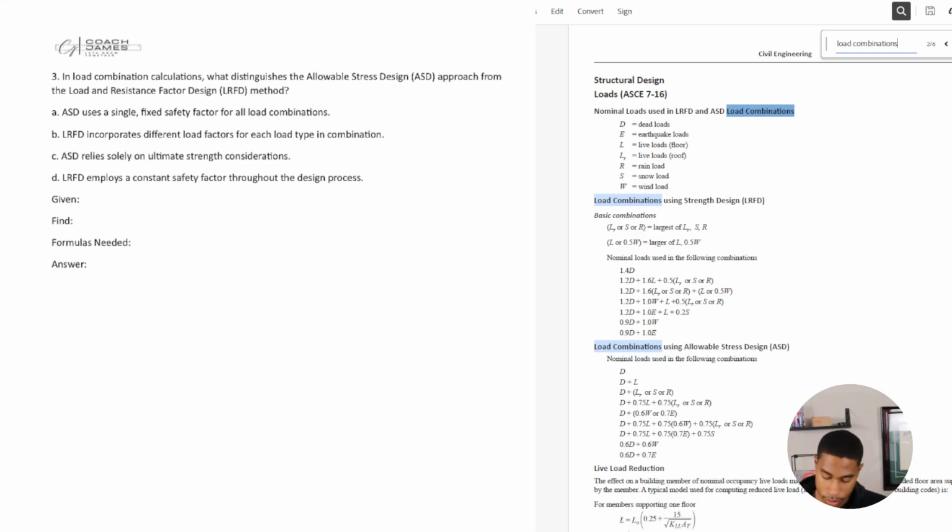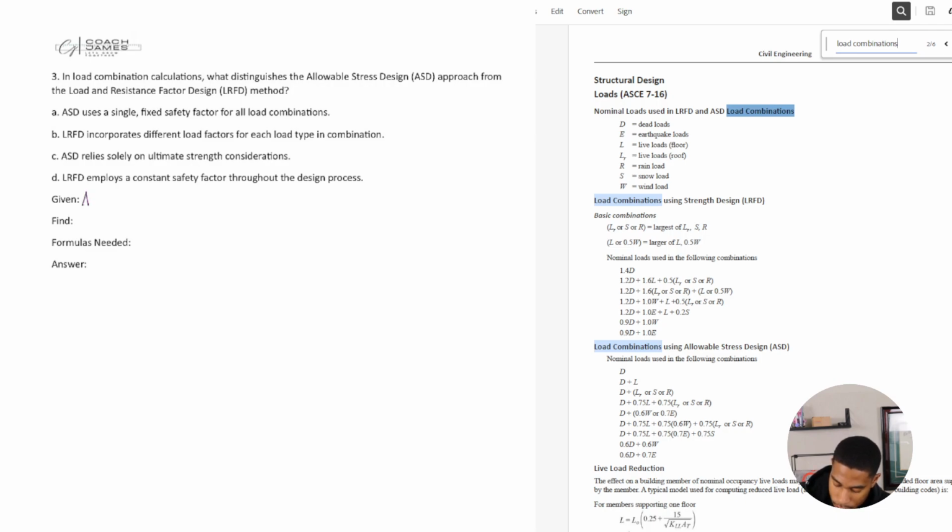All right, so number 3 says, in load combination calculations, what distinguishes the allowable stress design approach from the load and resistance factor design method? Okay. So, what information are we given?